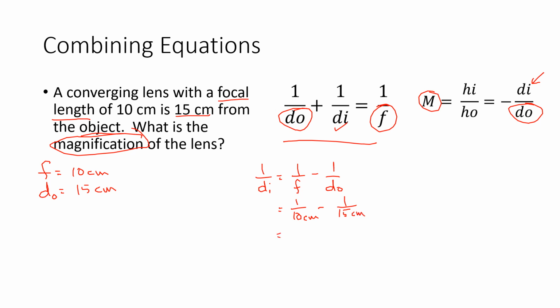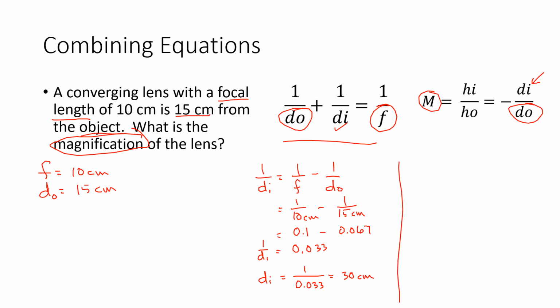So that's 0.1 and 0.067, and that comes out to 0.033 repeating. So that's 1 over di, and then to get just the di, we can take the reciprocal, so that's 1 over 0.033, which comes out to 30 centimeters.